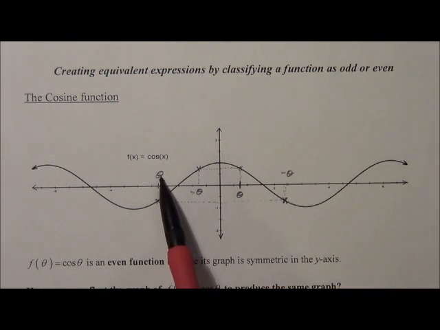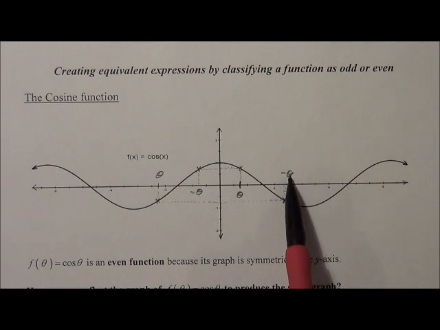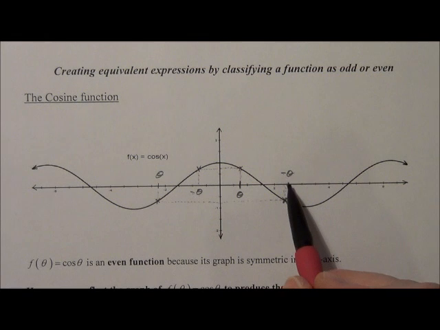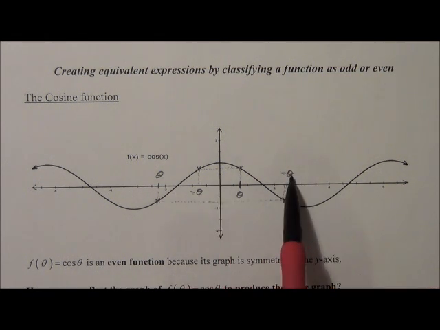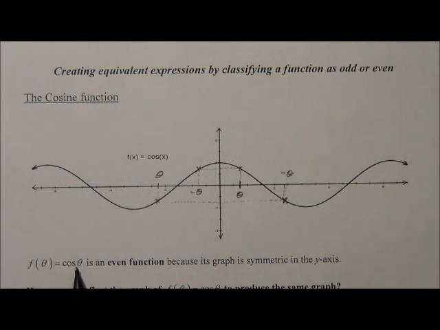Because if theta here is negative, then a negative theta would be a negative negative, which means a positive theta here, would be the same distance from the y-axis. Thus it shows that cosine is an even function because it is symmetric about the y-axis.